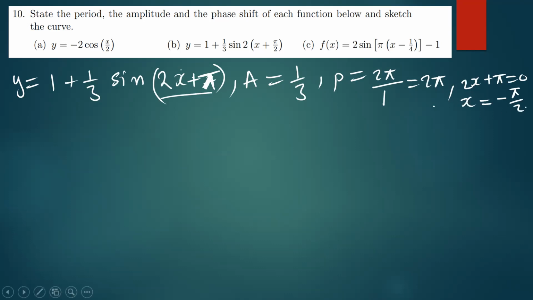So this means that the curve is going to shift pi over 2 to the left. In other words, this is going to be our starting point. And then the vertical shift is going to be y is equal to 1 there. So we can start sketching the curve.